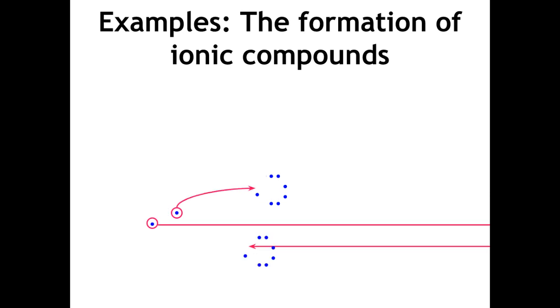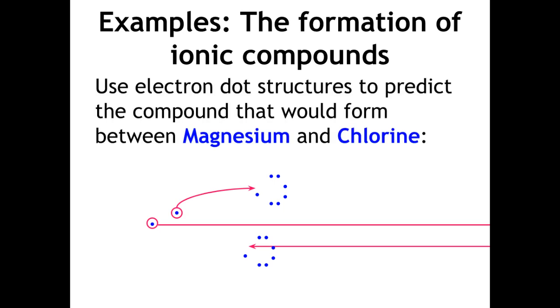Let's do another. Let's do magnesium and chlorine. Do the same thing. Give me the electron dot structure for magnesium. And then for chlorine, magnesium needs to get rid of 2 electrons. Why? Because it's located in group 2A. It has 2 valence electrons in its outer energy level.